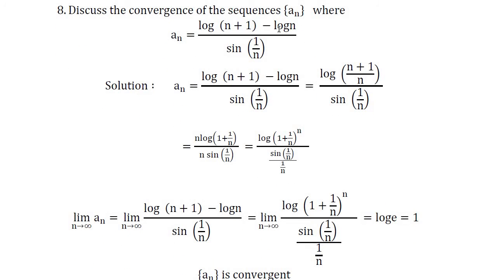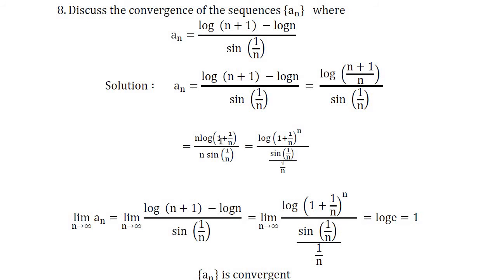discuss the convergence of the sequence an where an is equal to log of n plus 1 minus log n divided by sine of 1 by n. Consider the sequence an and simplify. Numerator log of n plus 1 minus log n can be written as log of (n plus 1 divided by n). Again we divide the denominator n to each term of the numerator.